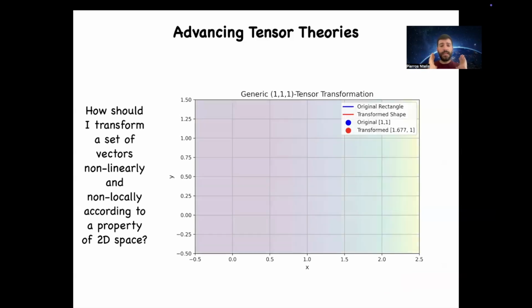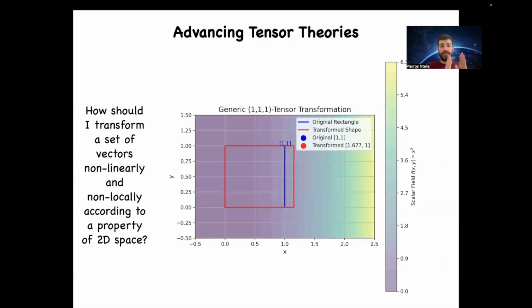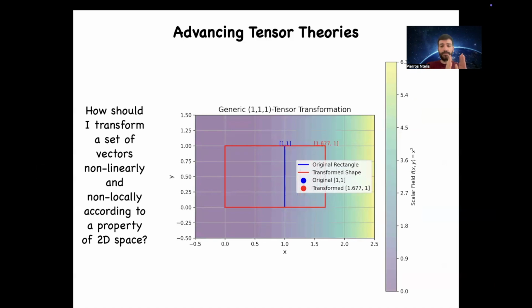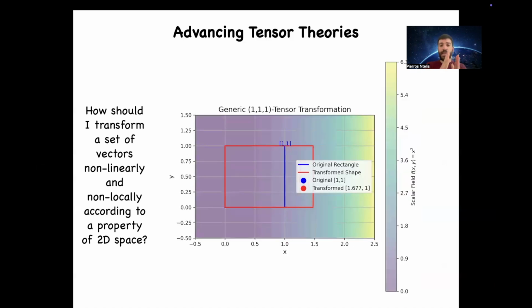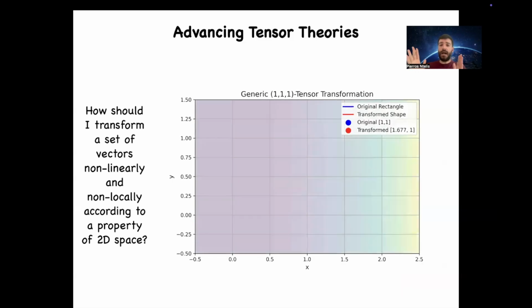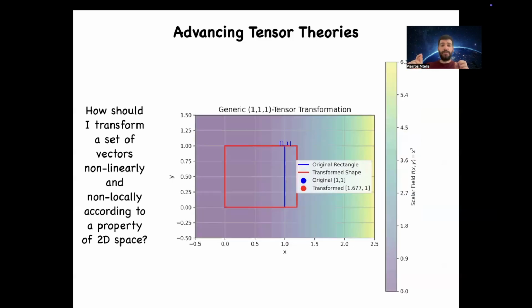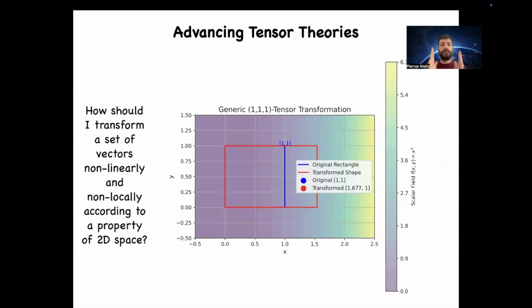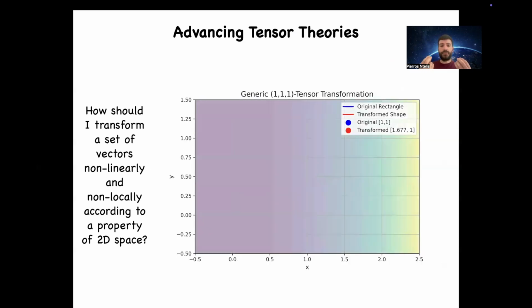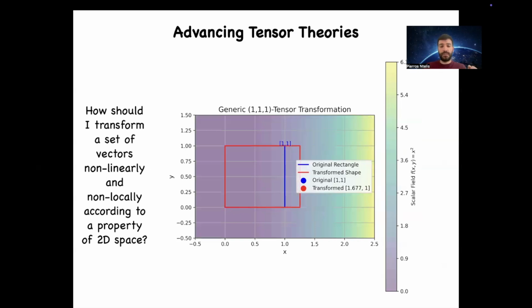Now I take an object in the middle, which is blue, as you see in the animation, and this is transformed into a red shape, which takes into account the property of this field. So in order to take into account correctly the property of this field, I need these new generic tensors, the advanced tensors that we described before.